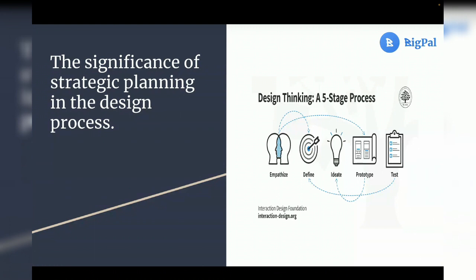So the second process was define. This process is mostly about clarity, focus, and definition. What you do in this process is gather all the information gotten from the previous stage. Let me give a use case example, like I said. After gathering all the information from empathizing, we now use it to make sense of how the product would be.